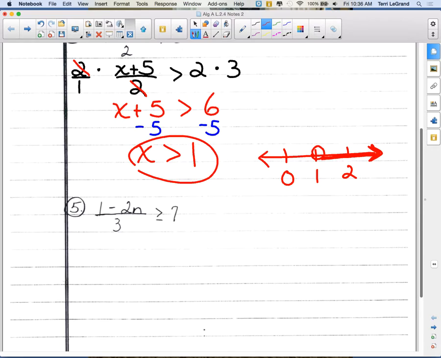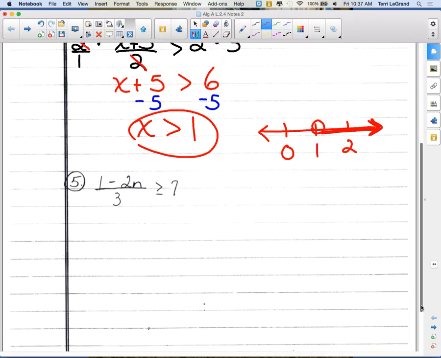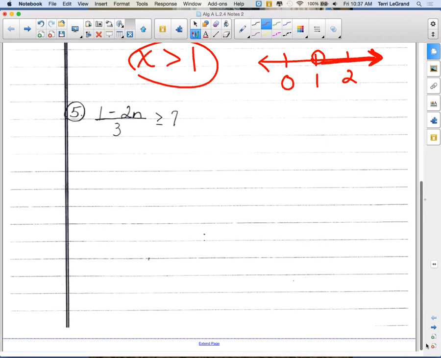Okay. Any questions? Okay, and number 5, what would be our first move in this one? Times 3. Yes, multiply both sides by 3. So we'll multiply the left side, the 1 minus 2n over 3, and we'll multiply the right side by 3.